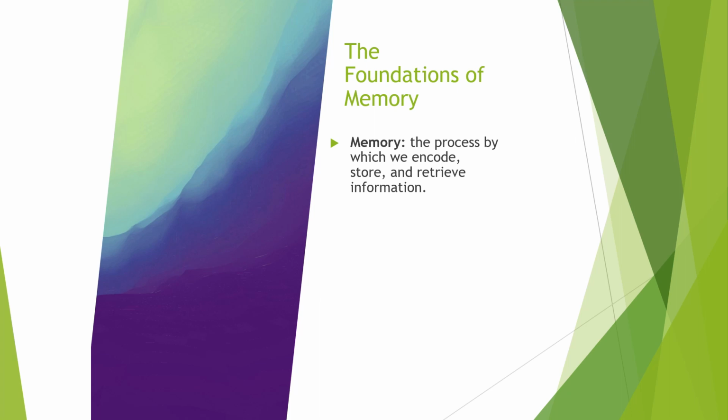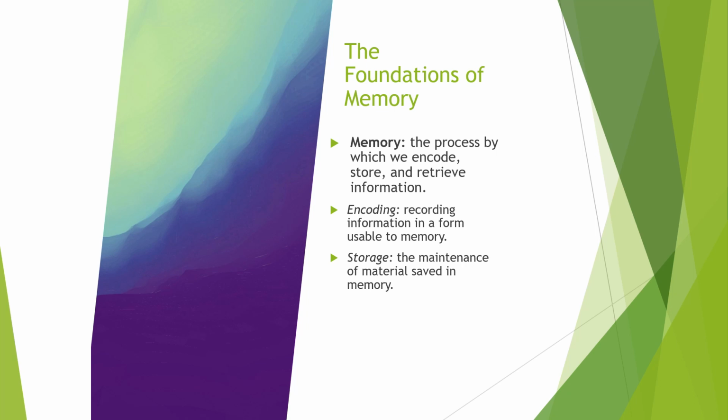So let's think about what these three terms mean: encoding, storage, and retrieval. First off, encoding is where you record information in a particular form that is then usable to memory. We'll talk about the various ways that you can encode information as a way to get those memories into your mind. Storage is the maintenance of material that is saved in memory. You have to be able to store those memories so that, as the third part, you can go back and retrieve them.